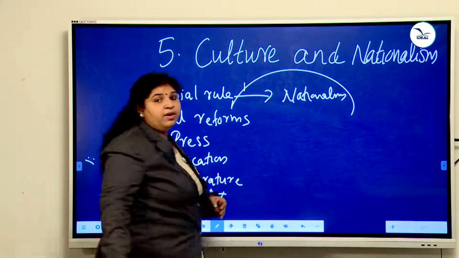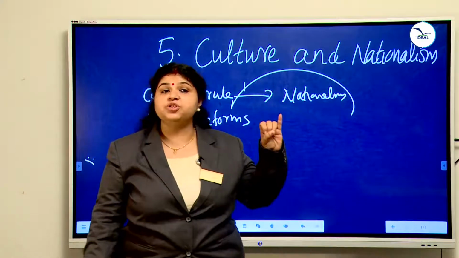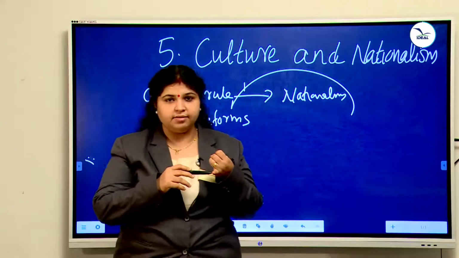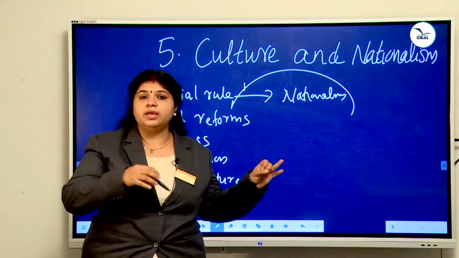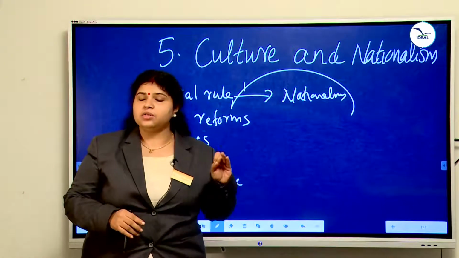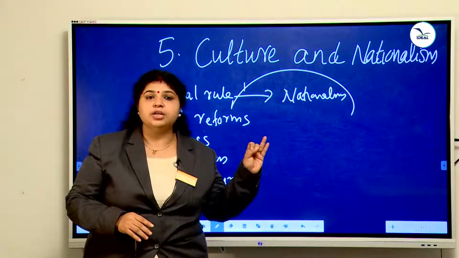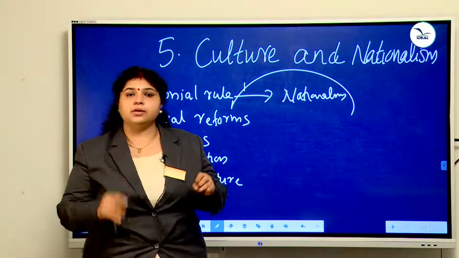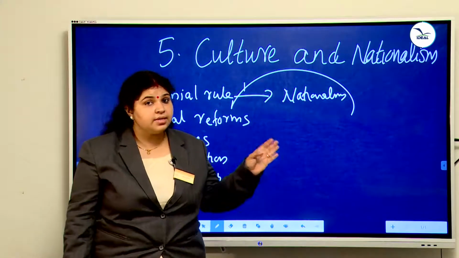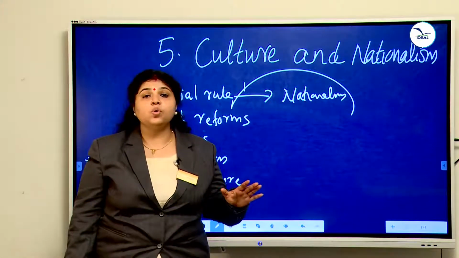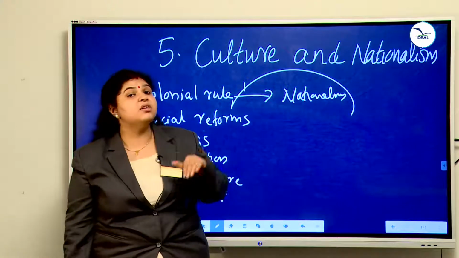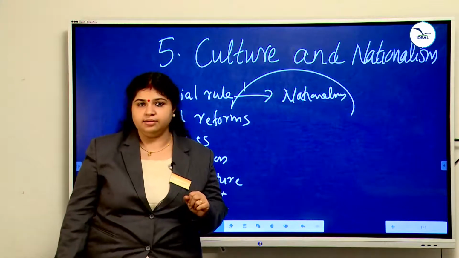Once again, point-wise: first we learned that the British decided to learn about India. Secondly, they translated the ancient Sanskrit, Persian and Arabic books into English. Later, they started some institutions, but that was not enough, so they decided to start English education in India.